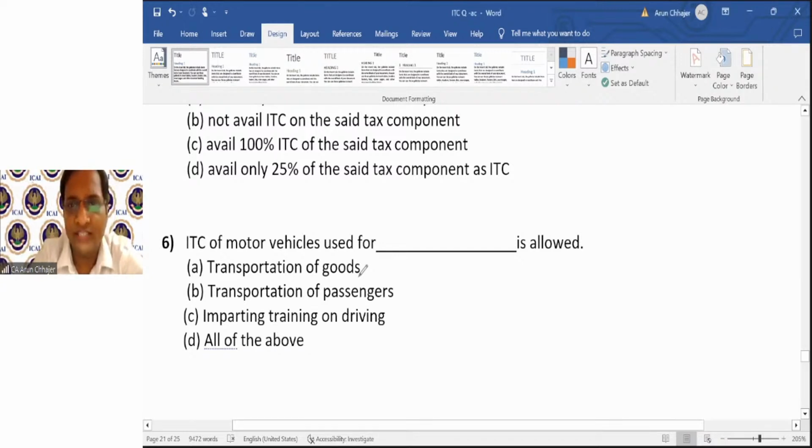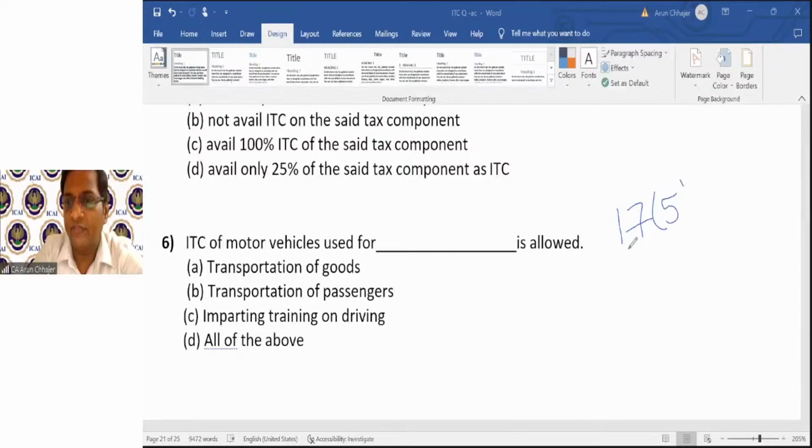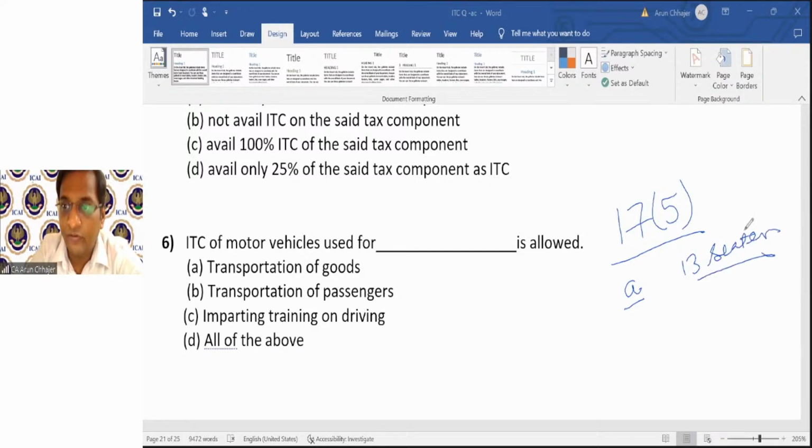You can go and check in section 17, subsection 5, we have discussed the block credit. In clause A, we have talked about 13-seater capacity. But there are certain exceptions. What are the exceptions? If it is the transportation of passengers or imparting the training or driving or further supply, then you can take the ITC.